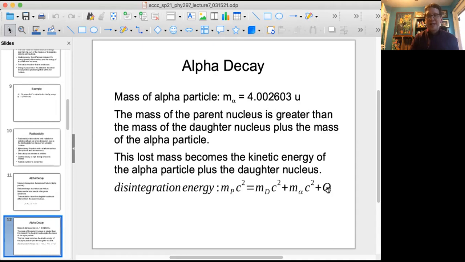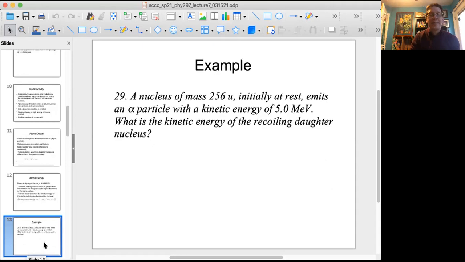That's the kinetic energy. And so that kinetic energy comes from the fact that the daughter nucleus and the alpha particle have less rest energy than the parent nucleus did. And so as a result, that energy gets converted to kinetic energy. In alpha decay, there's not an additional emission of an electron, for example, or a gamma ray, but we'll talk about those in a couple of minutes.